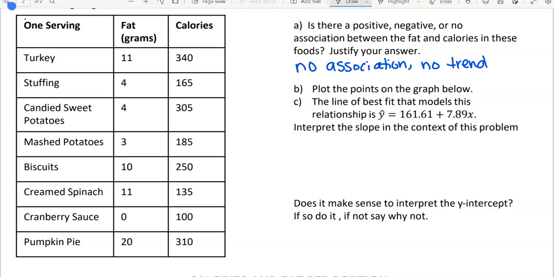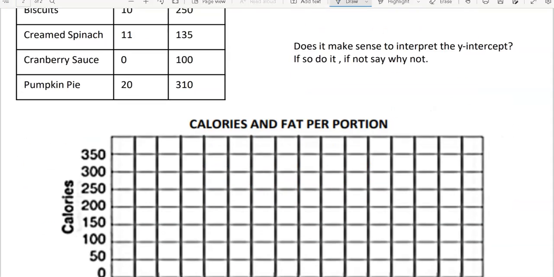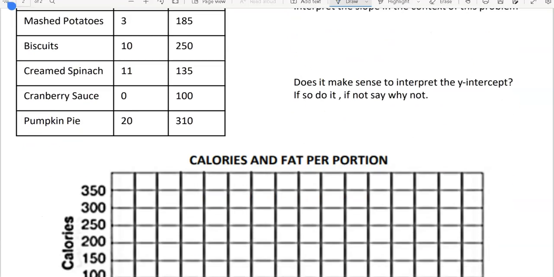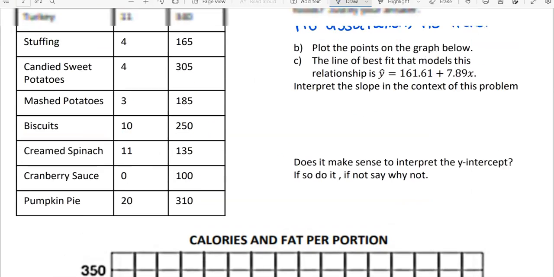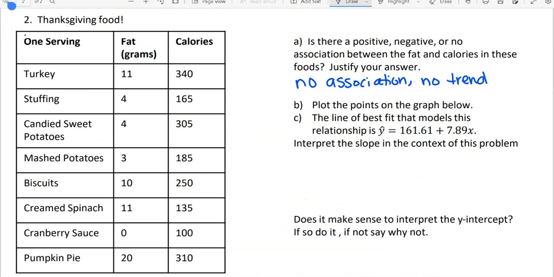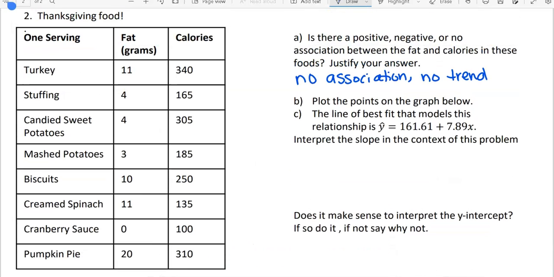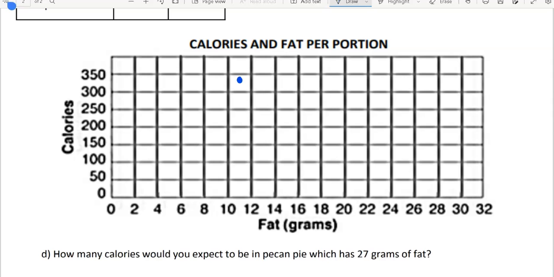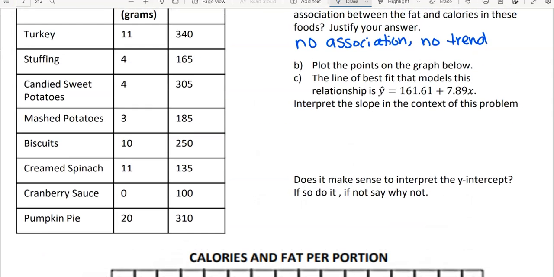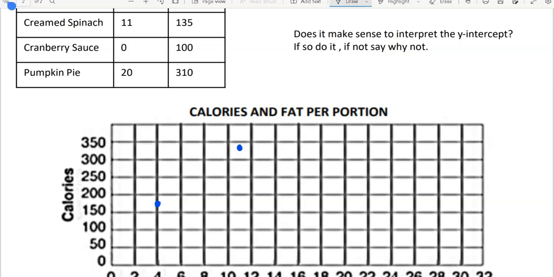Part B, plot the points on the graph below. Here's our graph. Fat in grams. Let's do our first one. 11 and 340 is about right here. 4 and 165, about right here. Then we have 4 and 305.